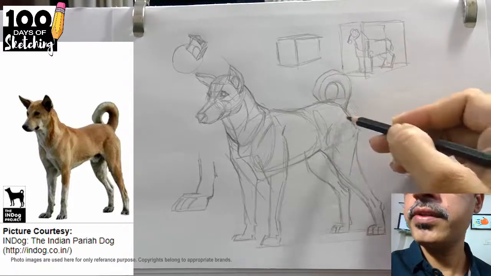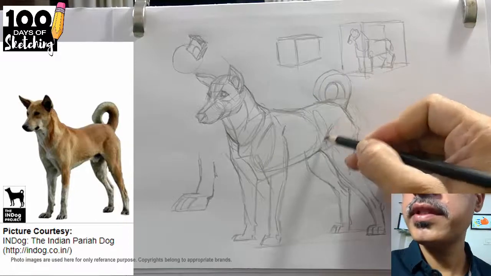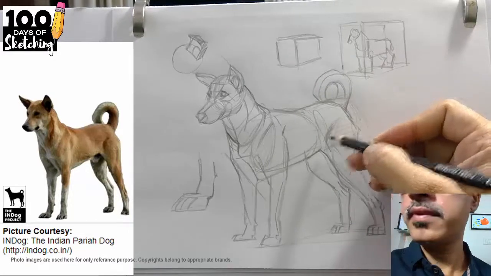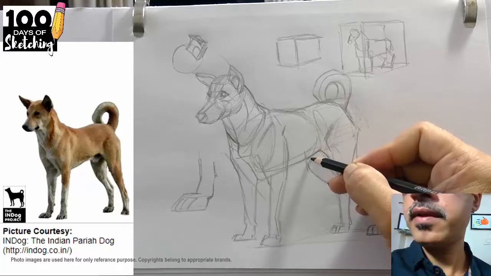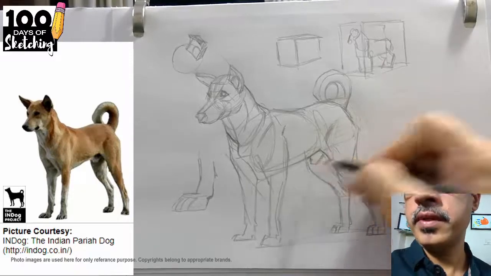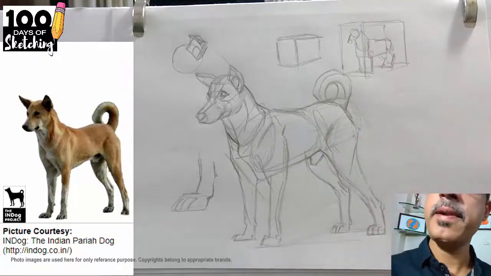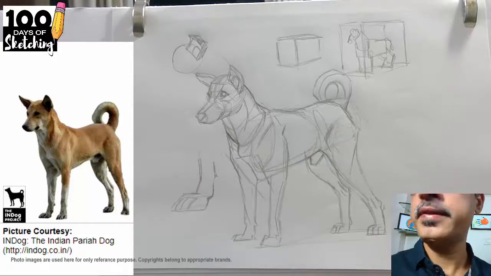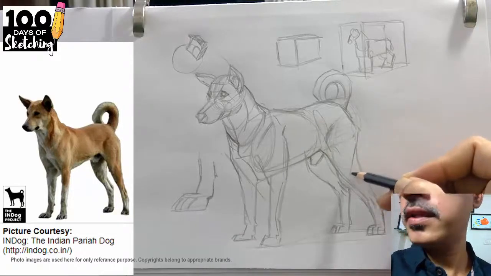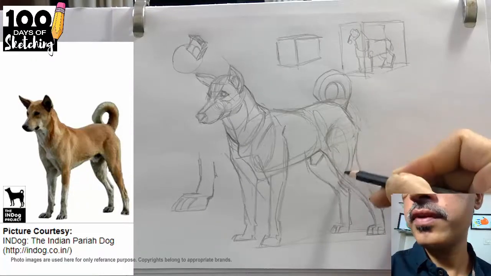This is again one of the muscles, the leg muscles. And of course this portion of the gender part. You can see this line, this is one muscle sort of line here.